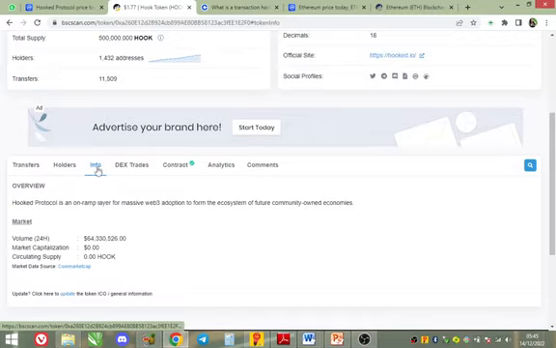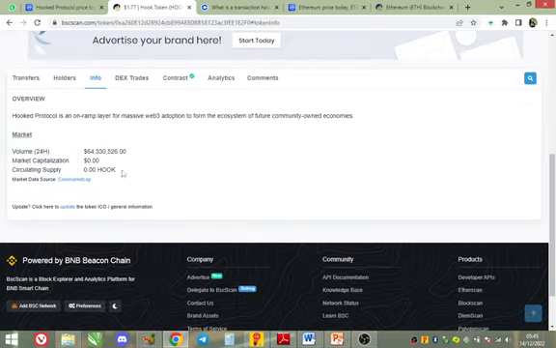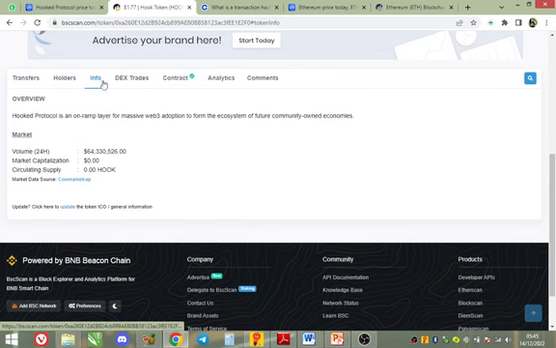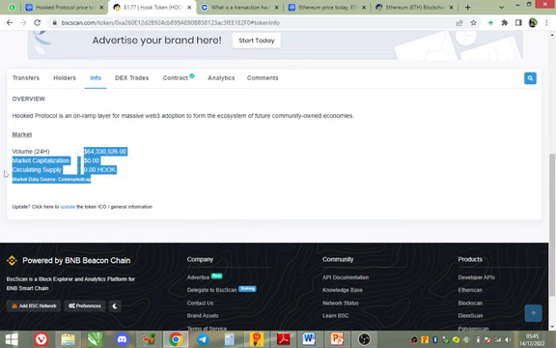Now this is info. Info just means if you want to actually have information about the token. This is the 24 hours volume that has been traded.